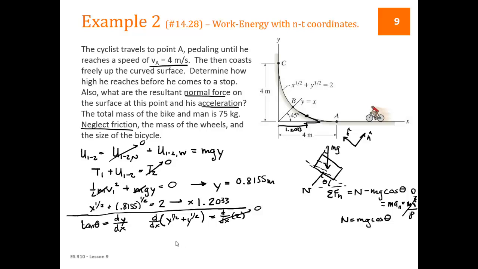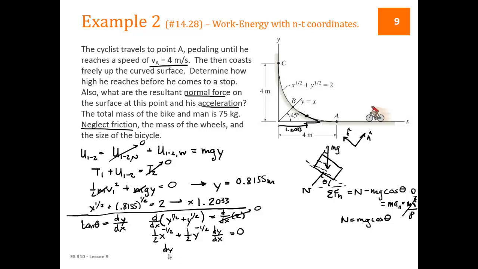The derivative of x to the 1/2 with respect to x is 1/2 of x to the negative 1/2. That's straightforward. The derivative of y to the 1/2 with respect to x is the outer derivative, 1/2 y to the negative 1/2, times the inner derivative, which is dy/dx, because y is dependent on x. That then is going to equal 0, so we can solve for dy/dx.